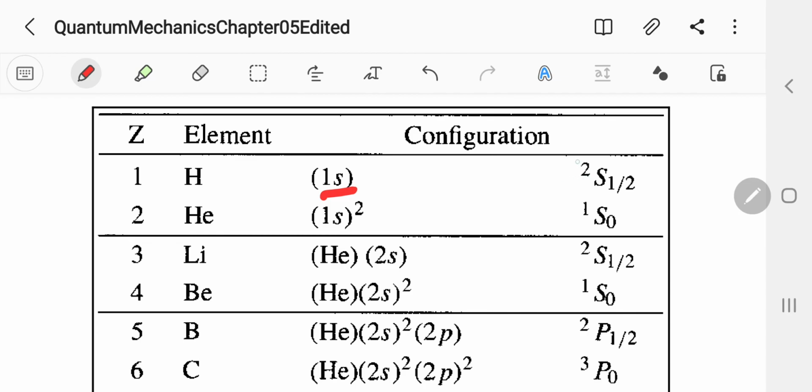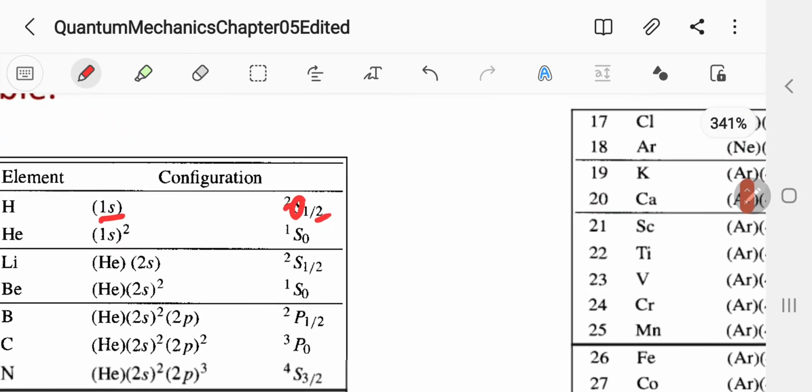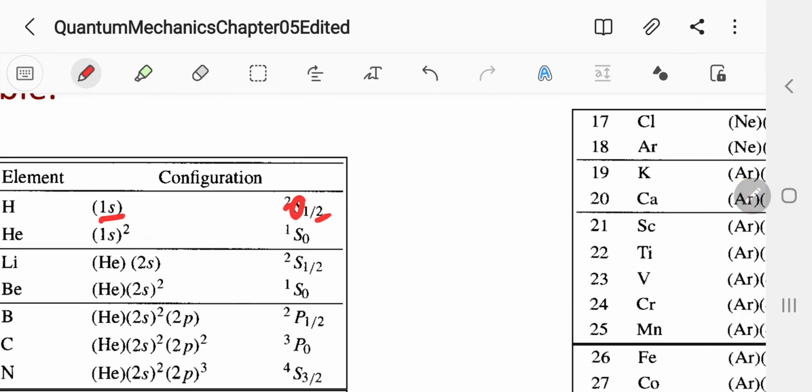You have 2 times 1/2 plus 1 is 2, and then you have of course spin 1/2 there, and this is the total spin, and then you have S here for n equals... the total spin would be less than 1, so L, P, would be equal to 1, and S would be less than 1, or that could be 0.